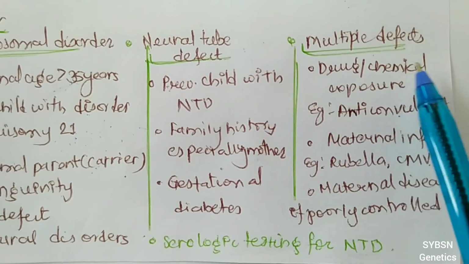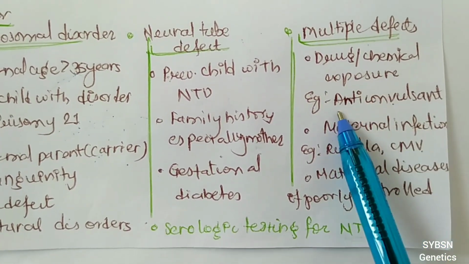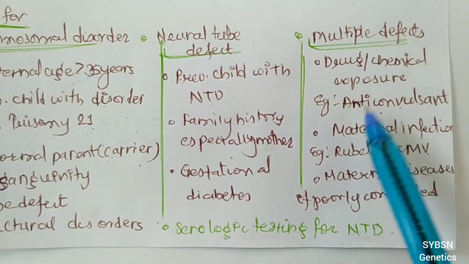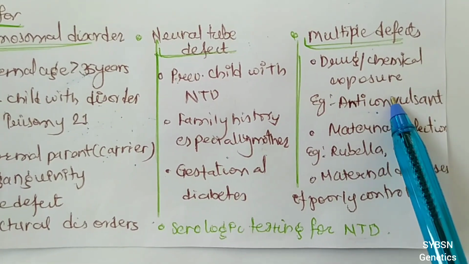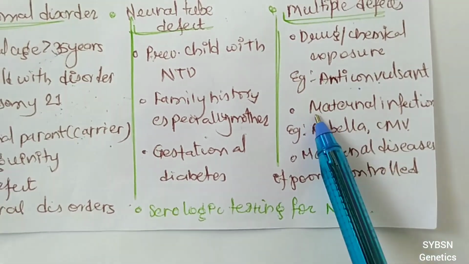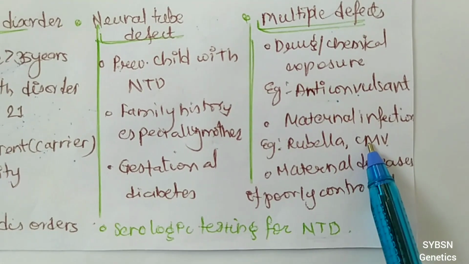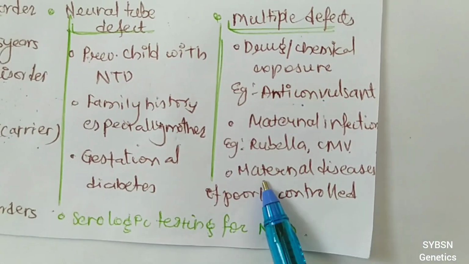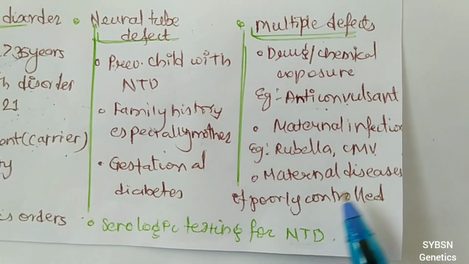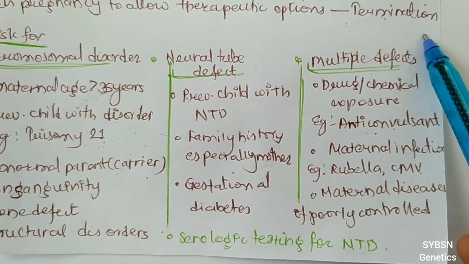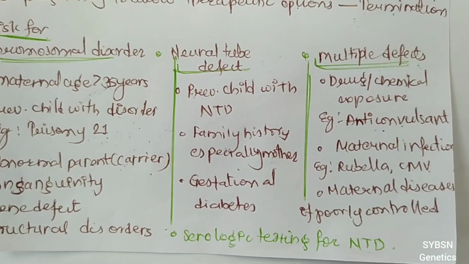That is the drug or chemical exposure we are talking about. An example is anticonvulsants, the drugs which can be given to pregnant women to reduce seizures. Next, you have maternal infections. Maternal infections can be rubella, CMV, that is cytomegalovirus, and maternal diseases if poorly controlled. If they are poorly controlled and not managed well, they can lead to multiple defects in a growing child.